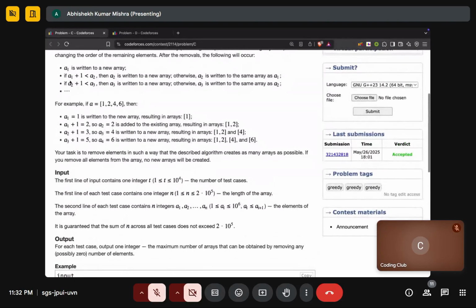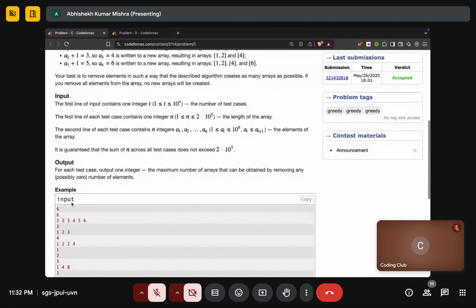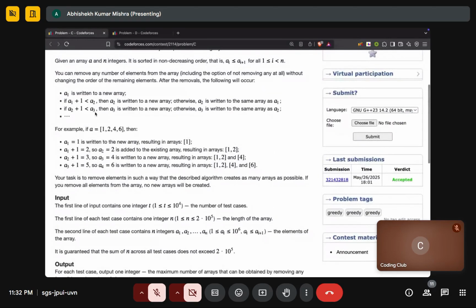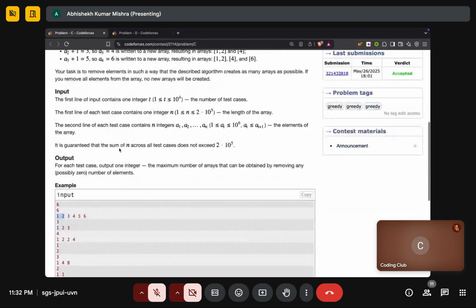So from this, what is clear is that we would like to arrange this array in such a way that the difference between two consecutive elements is always greater than 1. If it is greater than 1, then on adding 1 to any element, it will always be less than the next element, and we will tell the total number of arrays.